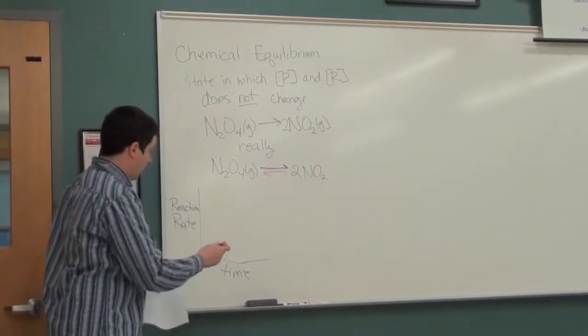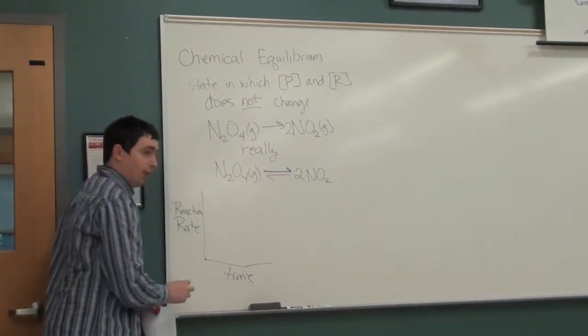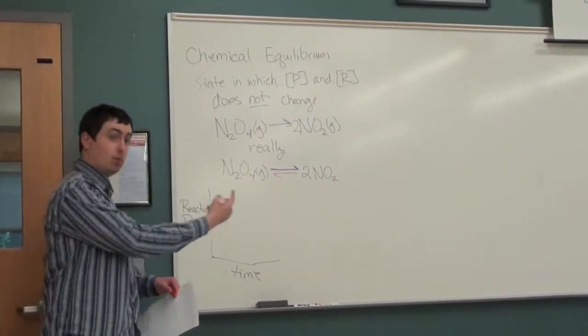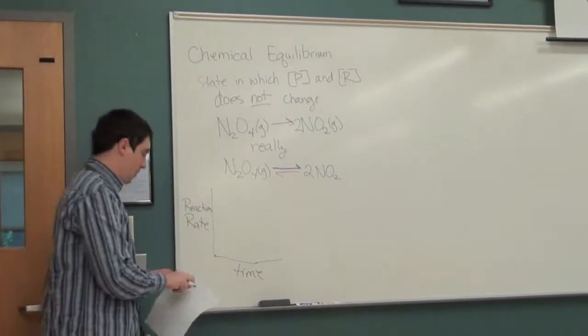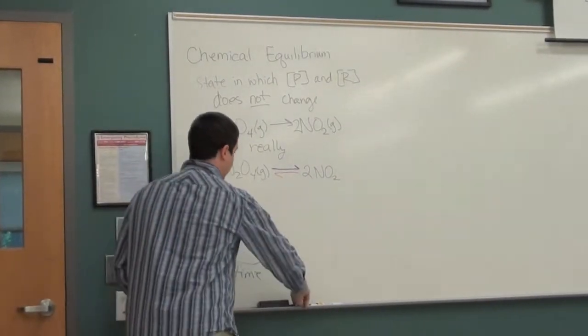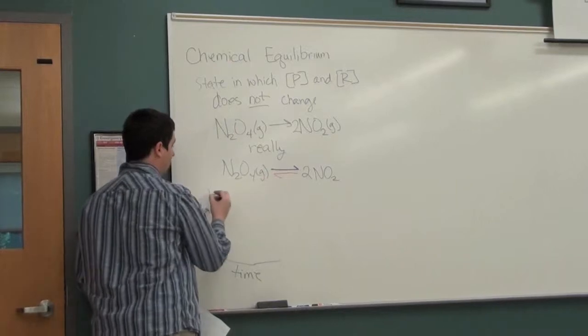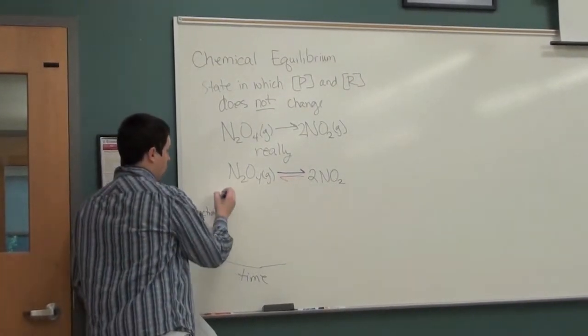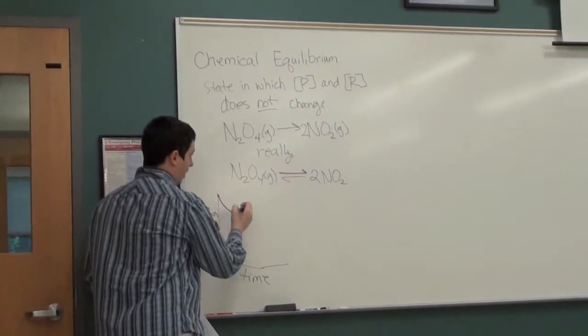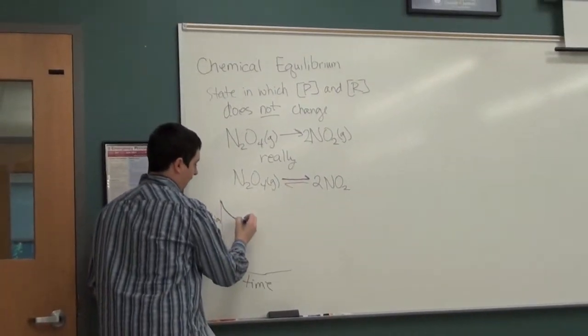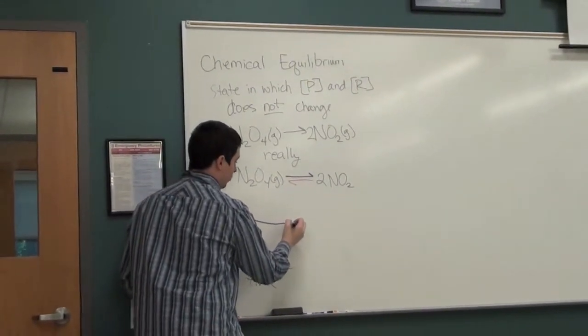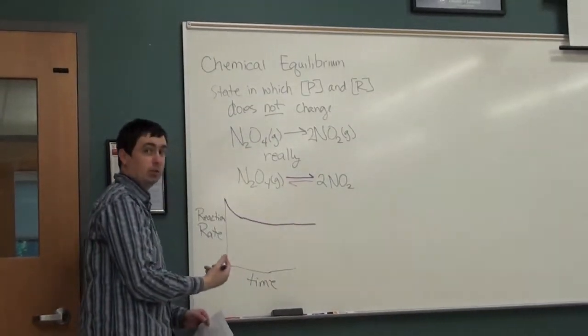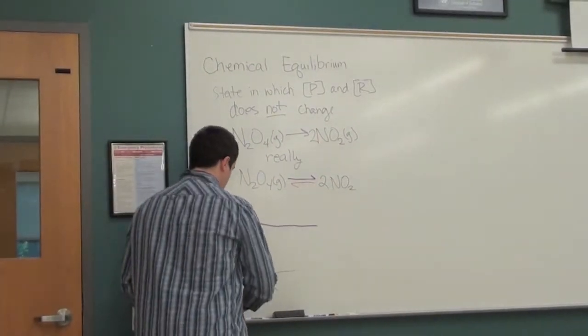So at the very beginning, the rate of our reverse reaction is 0. But the rate of our forward reaction, since that's the only way it can go, is as high as it can go. This rate will lower for the decomposition in the forward direction as a function of time until it reaches a solid value and doesn't change.